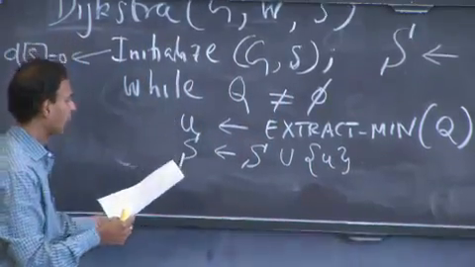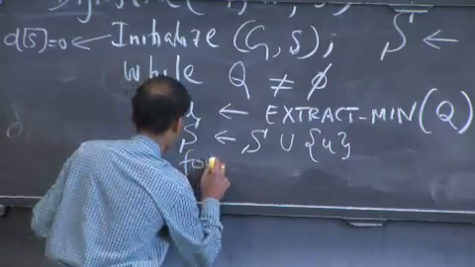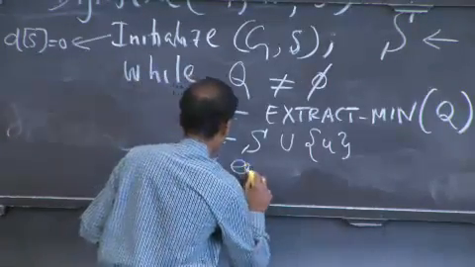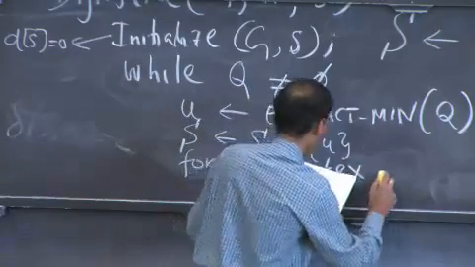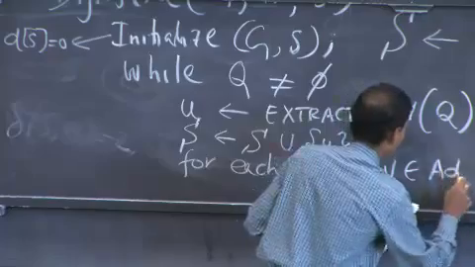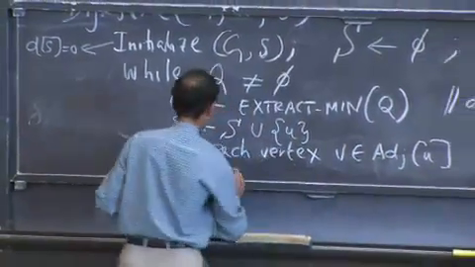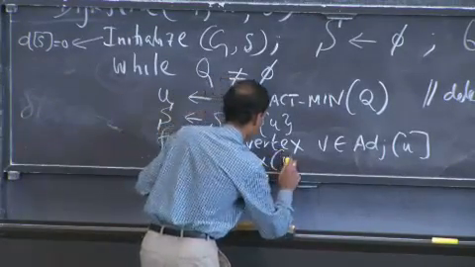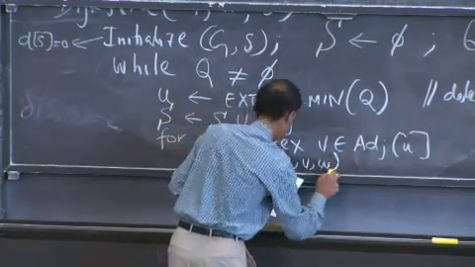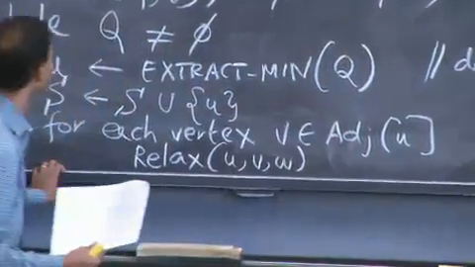And then all we have to do is relax the edges from the vertex that we just added. So for each vertex v belonging to adjacent u, so that you can reach from u, we relax u, v, w. All right? That's it. That's Dijkstra.